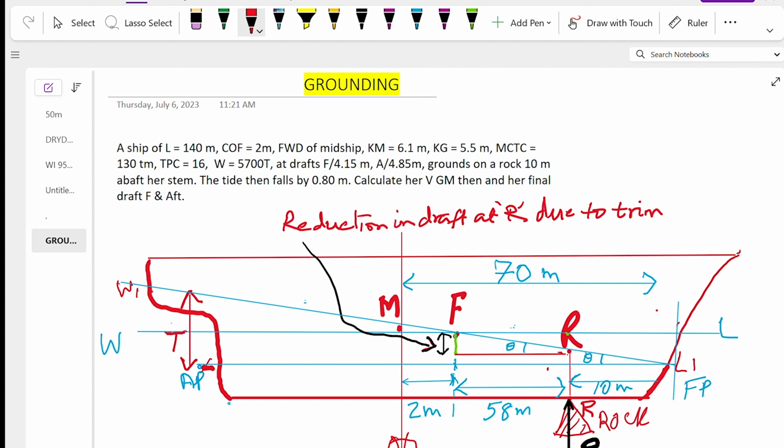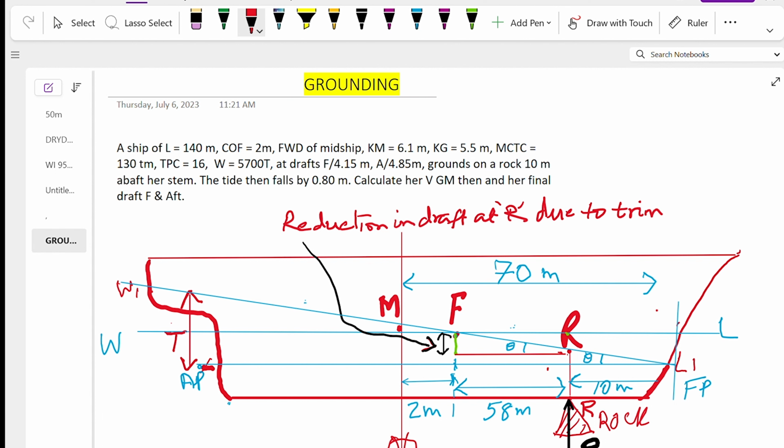When you discharge weight, two phenomena take place in the change of draft. One will be the mean rise, parallel rise, and the second will be the change in the draft due to trimming effect. So we consider P tons of weight has been discharged from this position R.